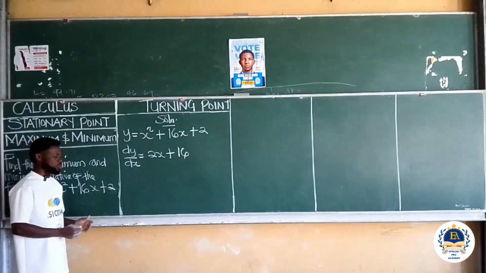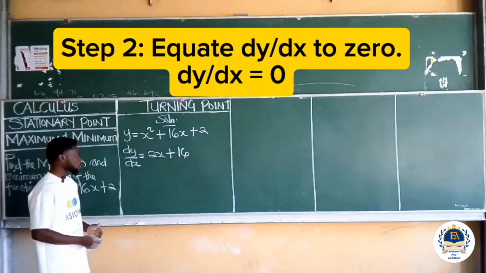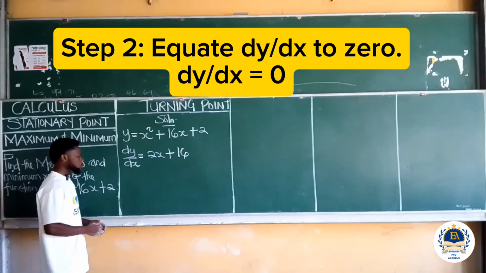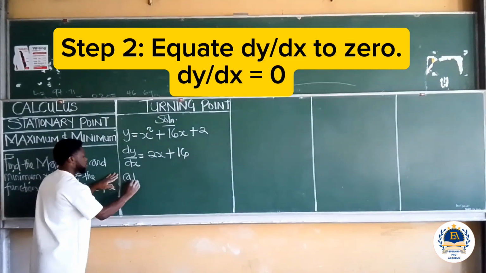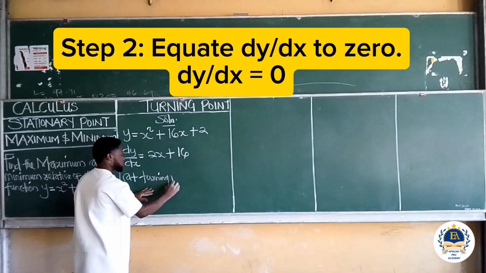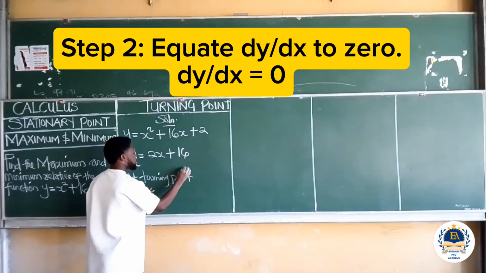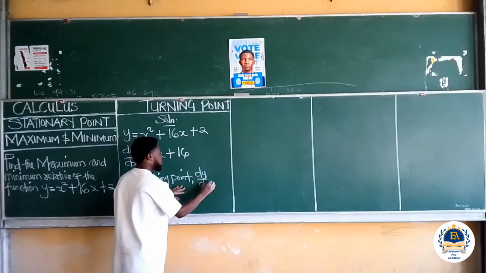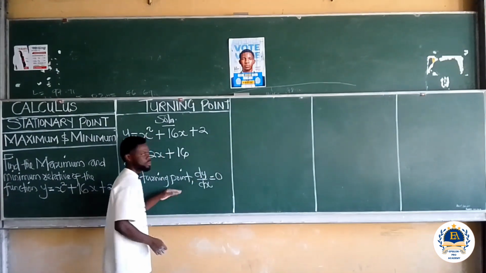Now step number 2, find the turning point or equate dy over dx to 0. So at the turning point, dy over dx is equal to 0.